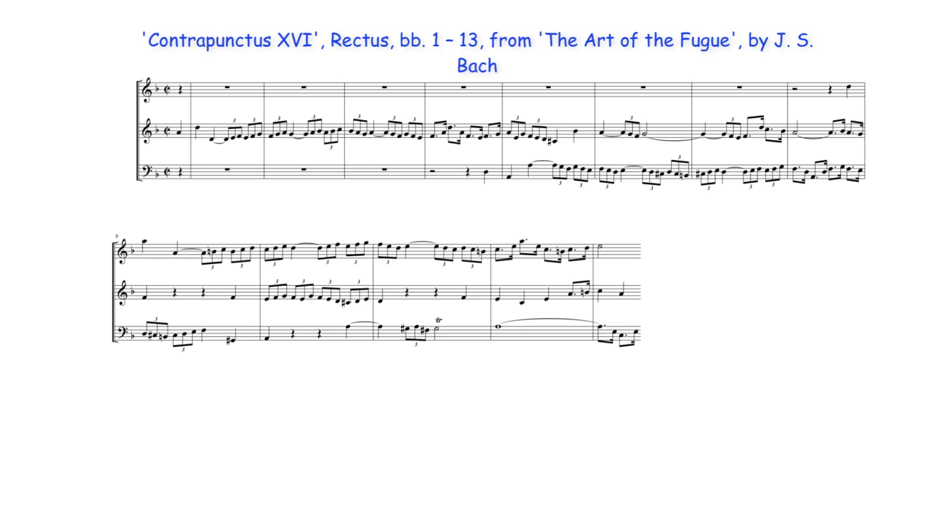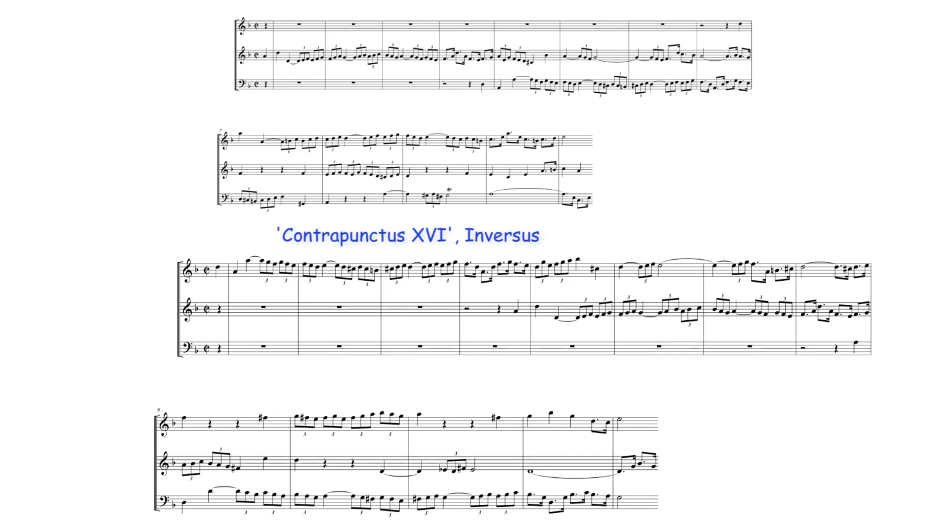This fugue is also an example of an invertible fugue in which each part of the so-called rectus may be inverted.